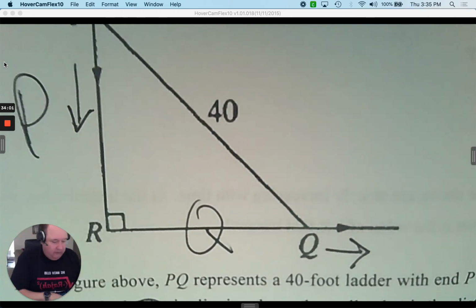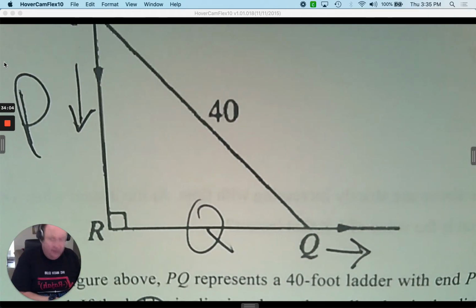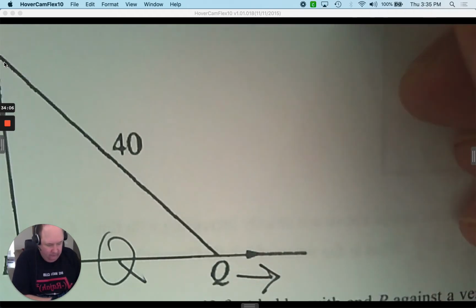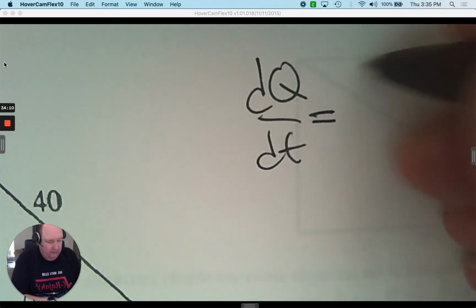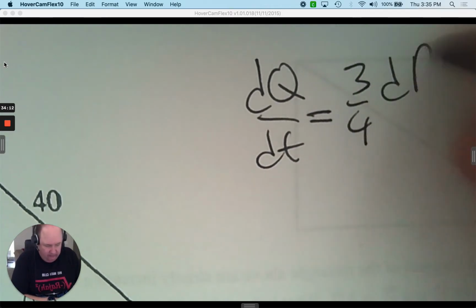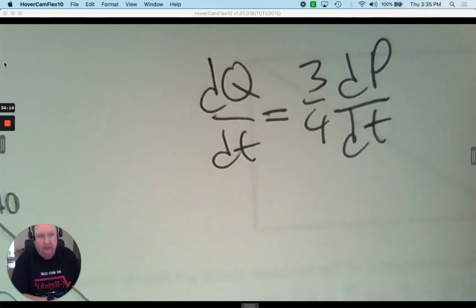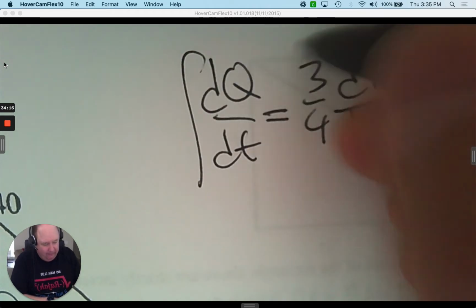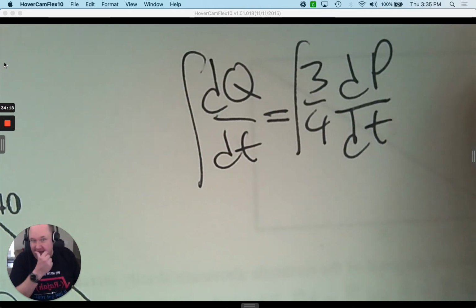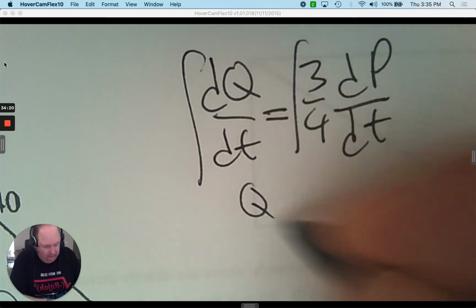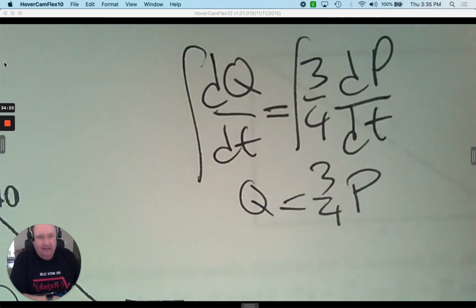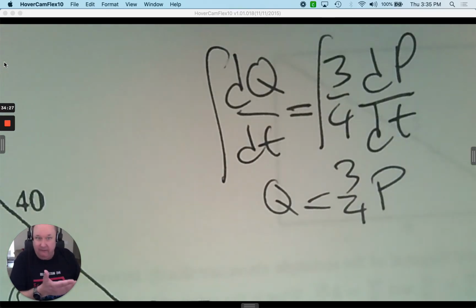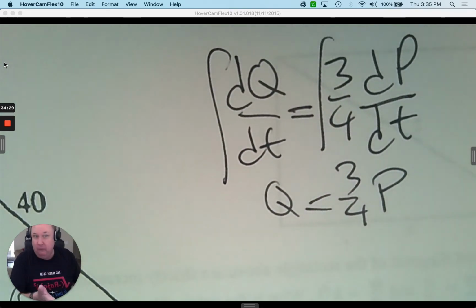So in the question it says that Q is moving 3/4 as fast. So dQ by dt is moving 3/4 as fast as P is going down the wall. So that's the relationship. I found that best thing to do at this point is to integrate this. So you can see that Q is equal to 3/4 P, and that we now have a relationship to find the sides, because our whole goal is to figure out what Q equals.